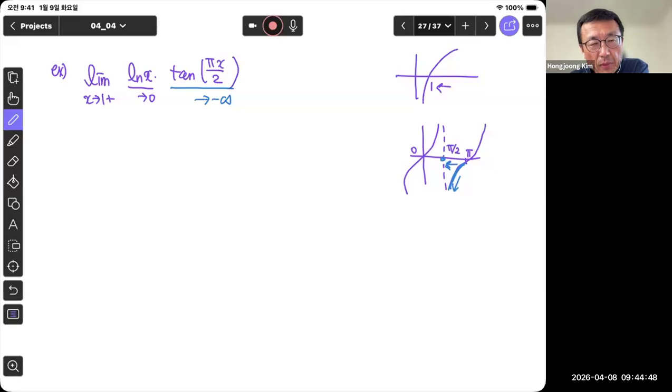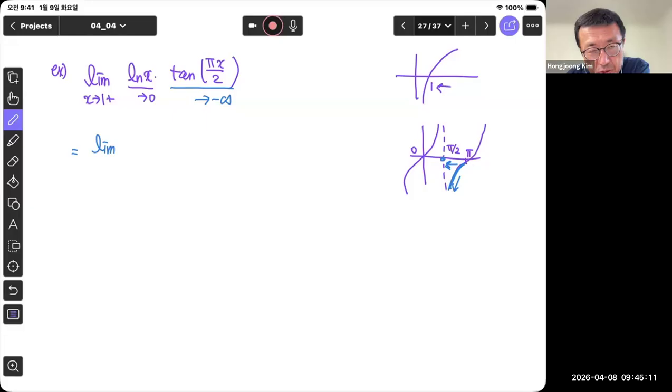So what is the remedy of this? How can I fix the problem? You can put one of these two functions in the denominator using its reciprocal. Usually people do not move log x into the denominator, but you put the other term in the denominator.